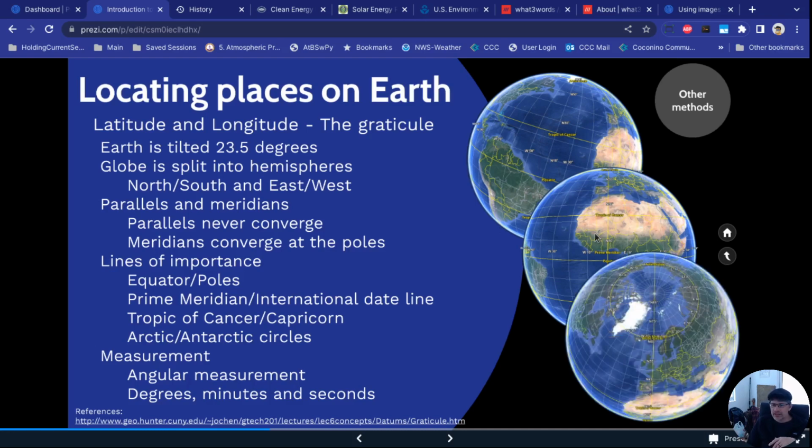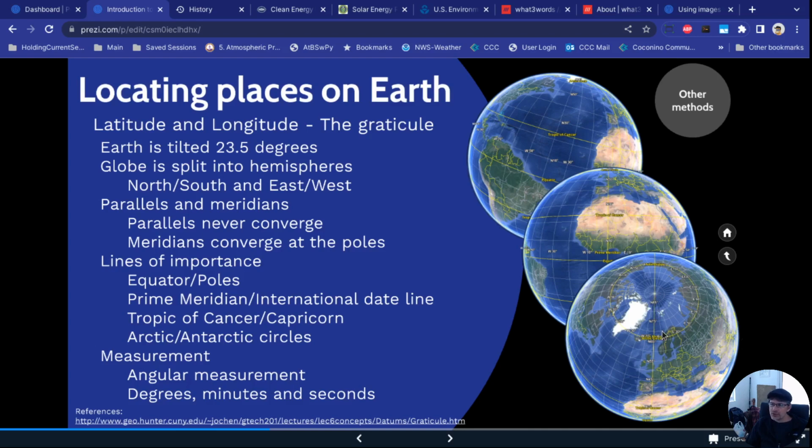Whereas the meridians converge at the poles. So here you can see this is the North Pole, and all the lines of meridians, or all the lines of longitude, are converging on the North Pole in the Northern Hemisphere, and they'll converge on the South Pole in the Southern Hemisphere. Lines of longitude down here at the equator are much further apart, from a physical distance standpoint, than they are up towards the poles.